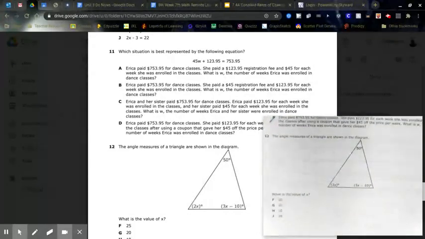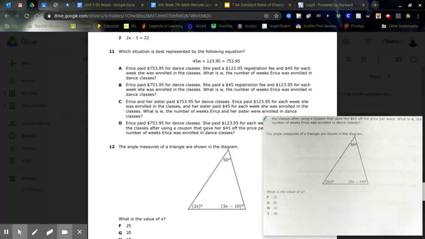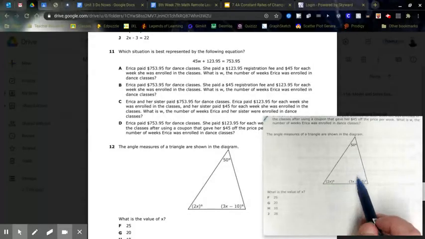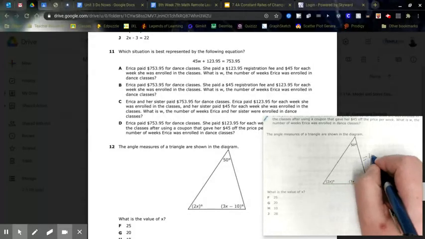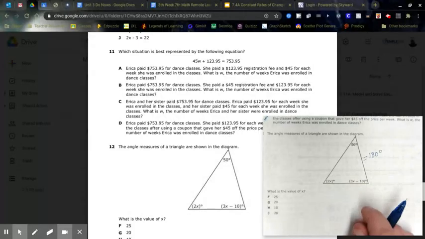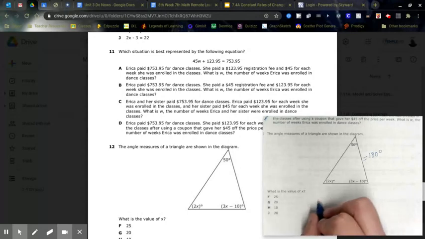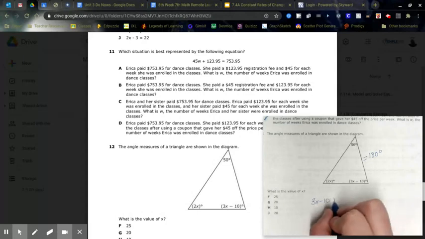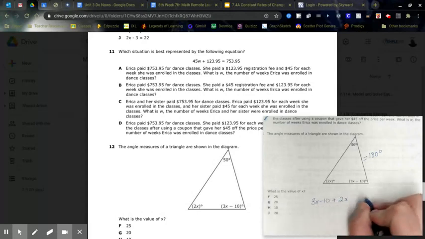Number 12: the angle measures of a triangle are shown in the diagram. Remember, everything adds up to be 180 degrees in a triangle. So we're going to add them all up. 3x minus 10 plus 2x plus 50 equals altogether 180 degrees.